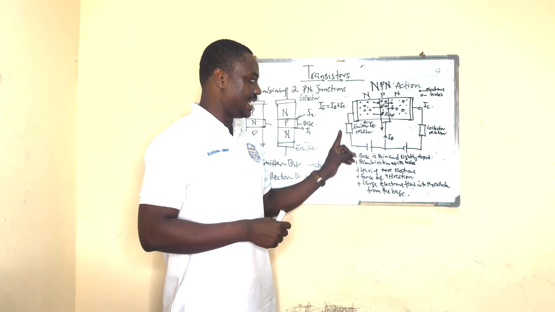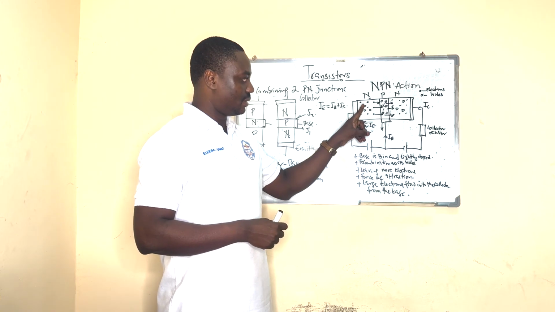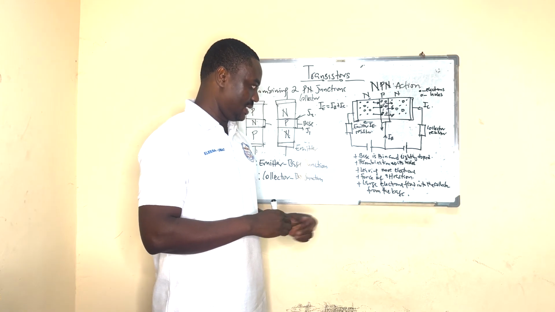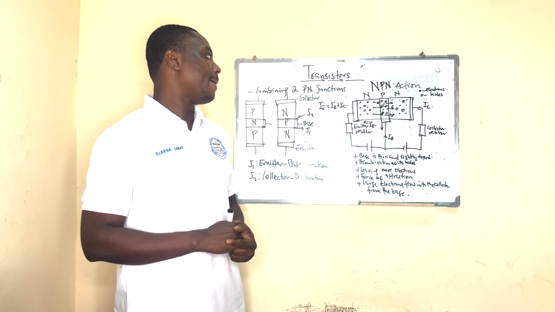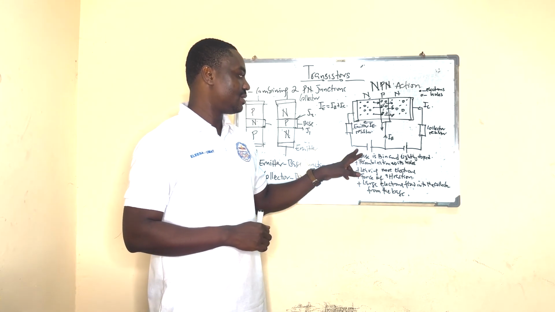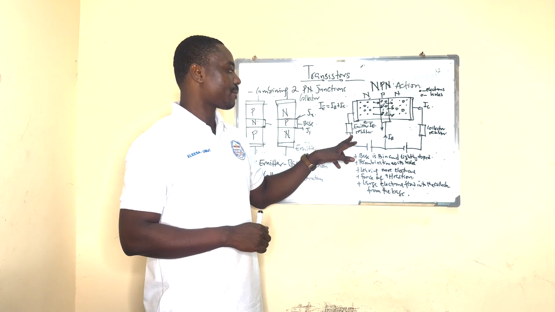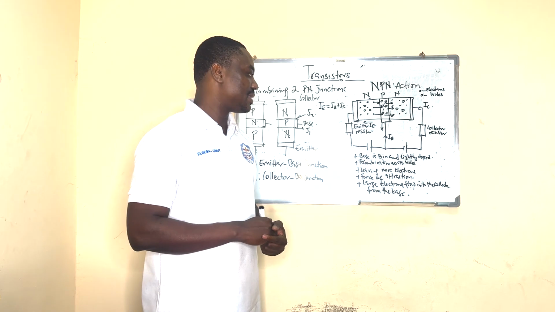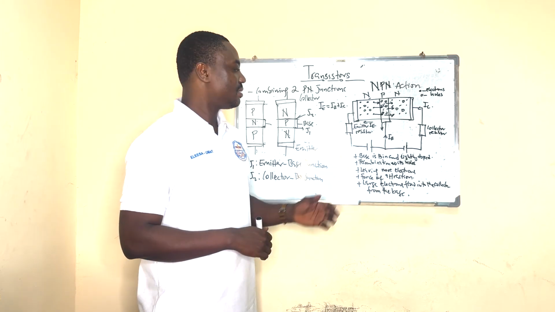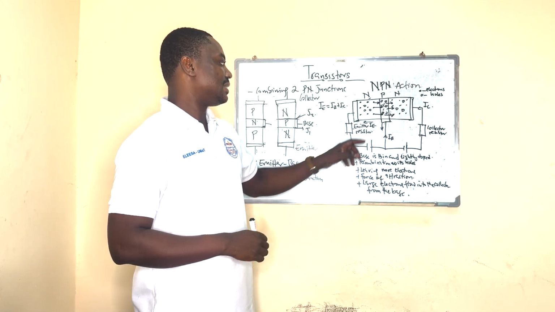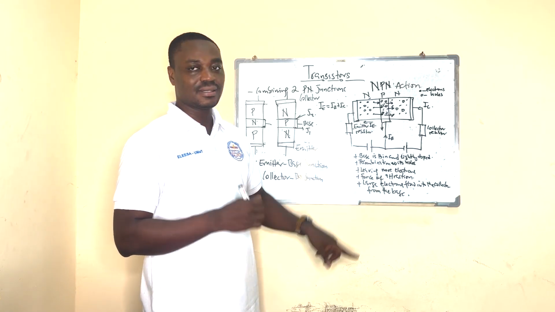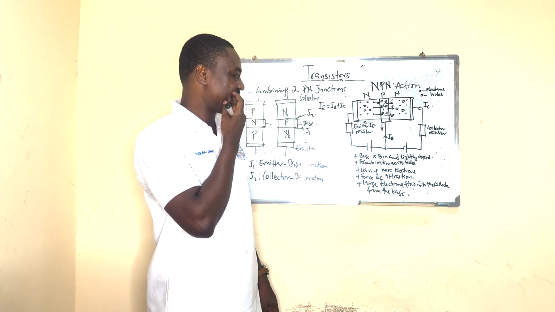The negative terminal you connect to the emitter terminal, and before it goes into the emitter terminal, it passes through an emitter resistor. That is how you connect the emitter-base junction in forward bias.